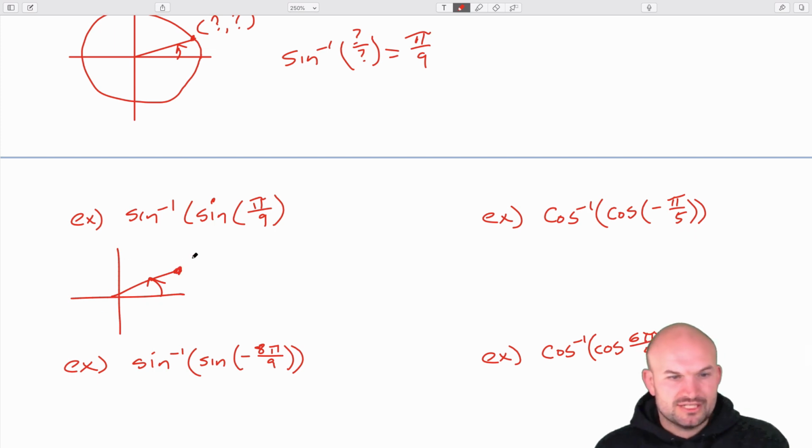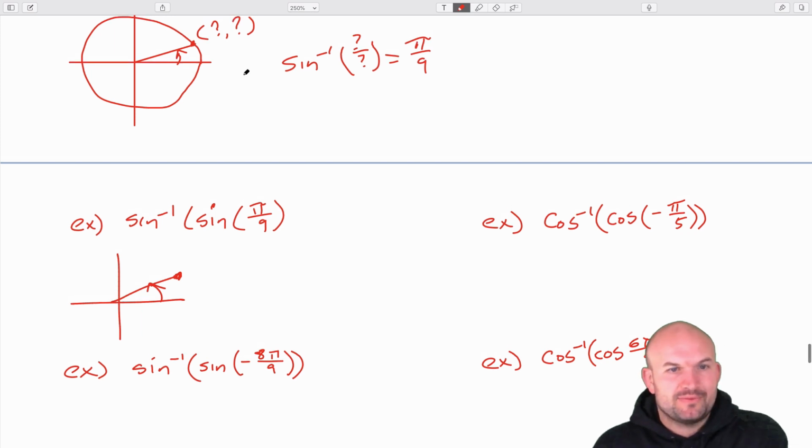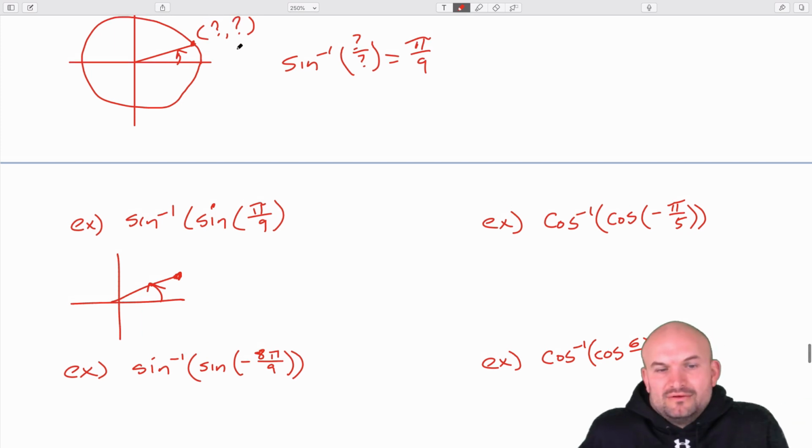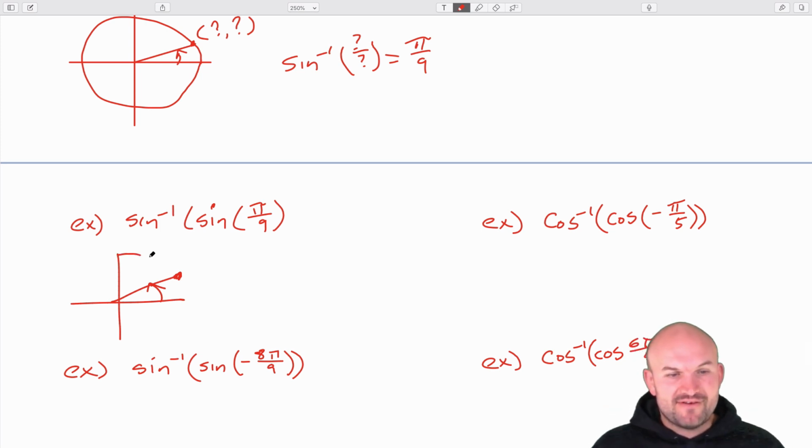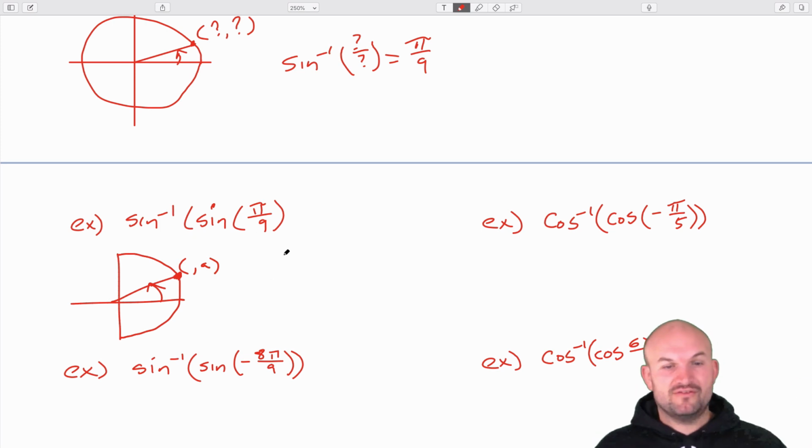So if here's my angle, let's just pretend, like you can see up here, I just put a question mark, like what is it? But it doesn't matter. All I know is if I need to find this y coordinate, let's just call this y coordinate A. So what is the sine inverse of A?